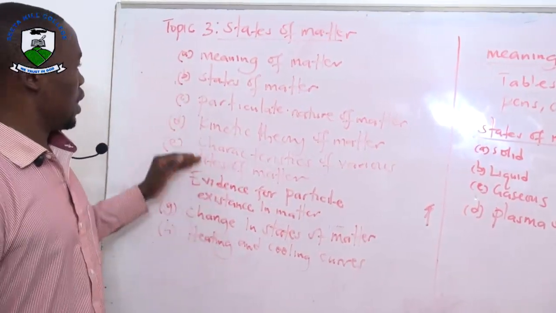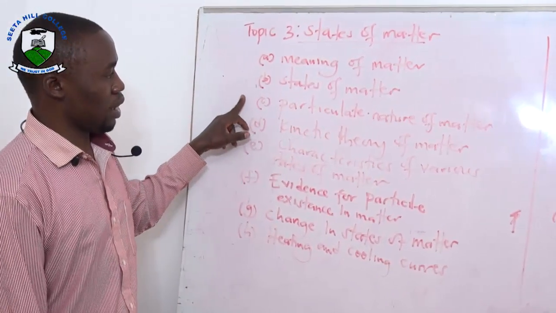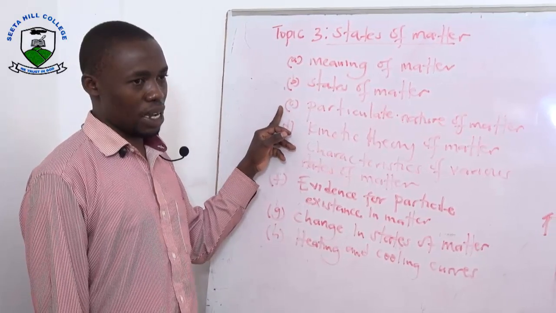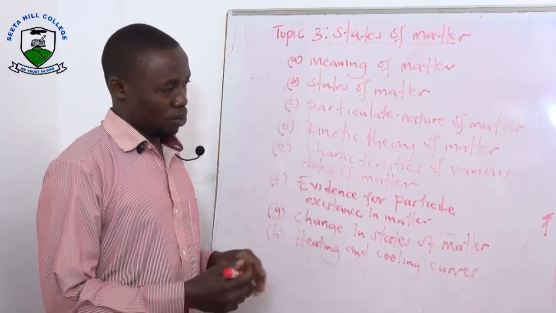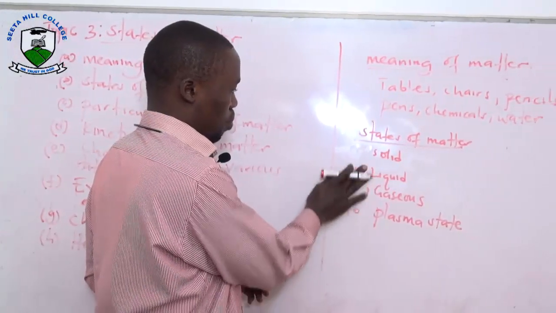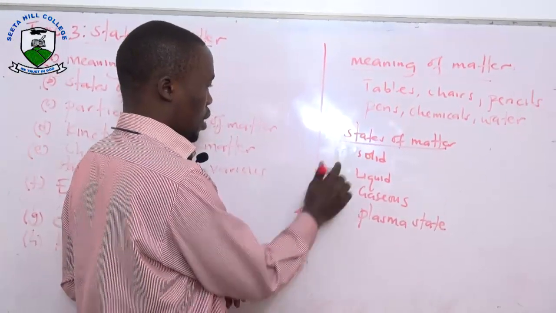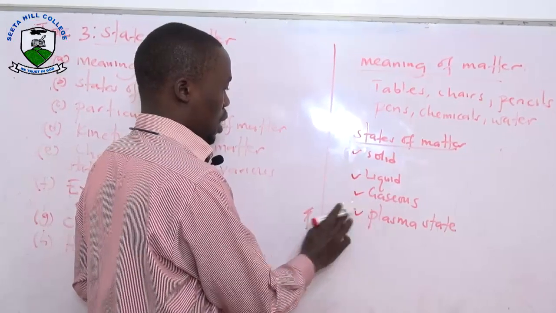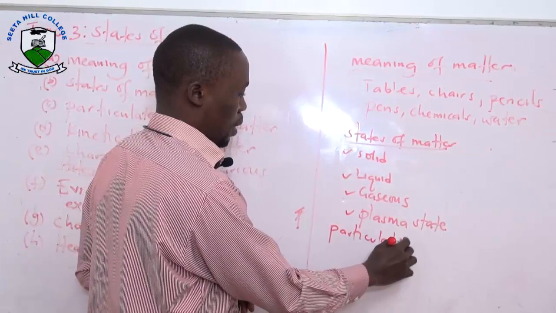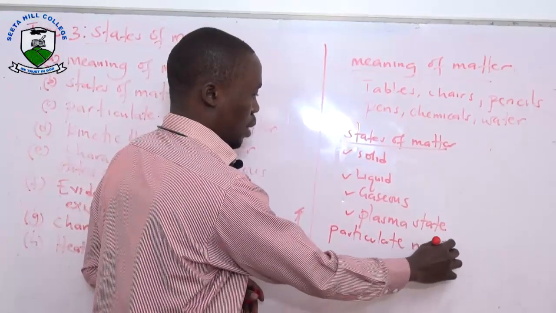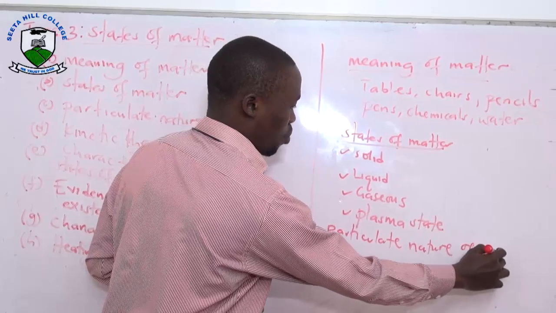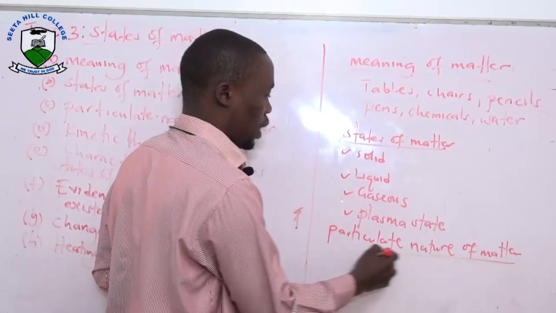Thank you very much. Let us shift very fast to the particulate nature of matter. That will take us to particulate nature of matter as the third subtopic. Keeping time, particulate nature, particle form. When we say nature, we mean the form in which you find something.